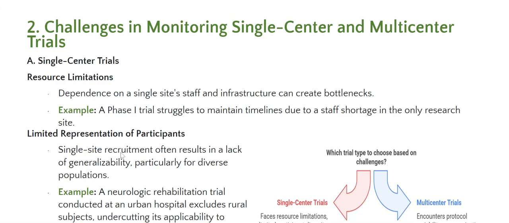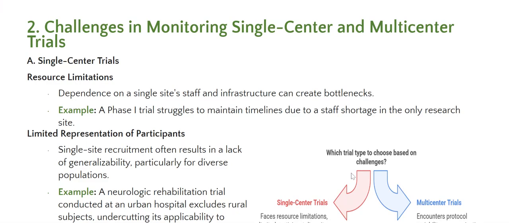Limited representation of participants: single-site recruitment often results in a lack of generalizability, particularly for diverse populations. Example, a neurologic rehabilitation trial conducted at an urban hospital excludes rural subjects, undercutting its applicability to those populations.